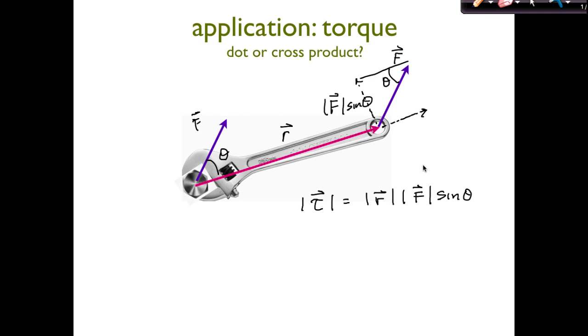And it turns out that torque is a vector. So if it's a vector, how would we find the vector? If this is the magnitude of it, what vector has the magnitude, the product of the magnitudes, in as much as they're in orthogonal direction? Cross product, right? That's the magnitude of the cross product.